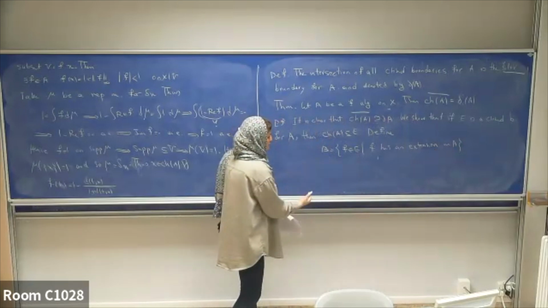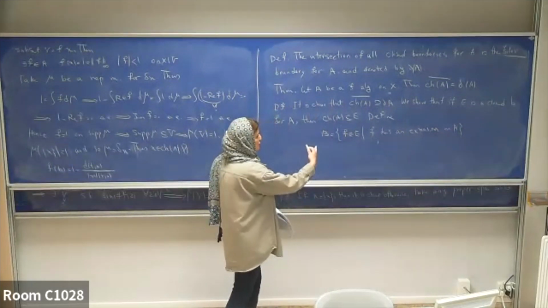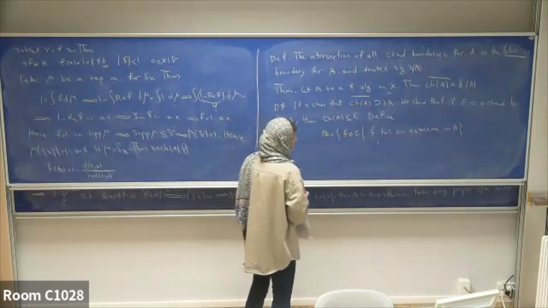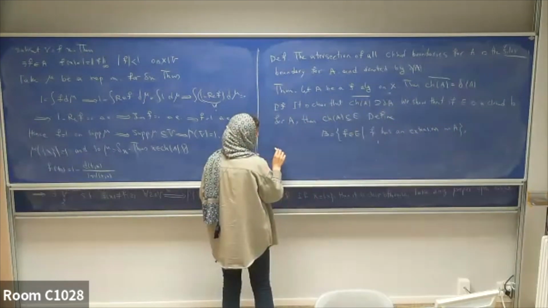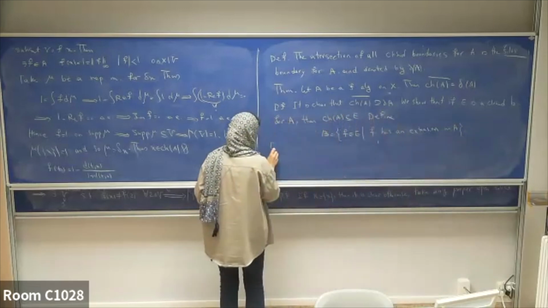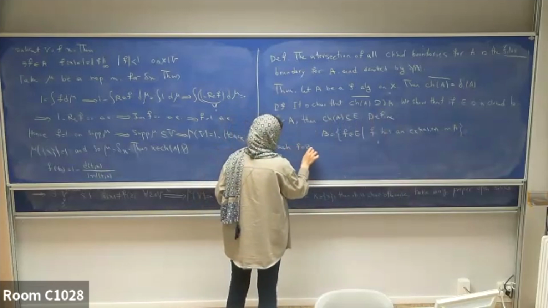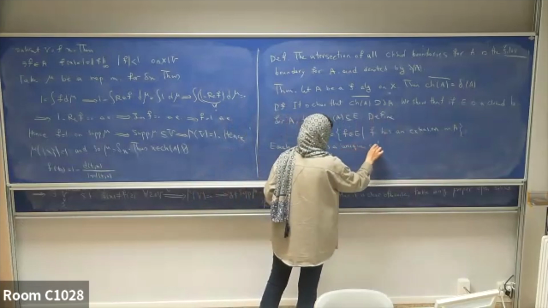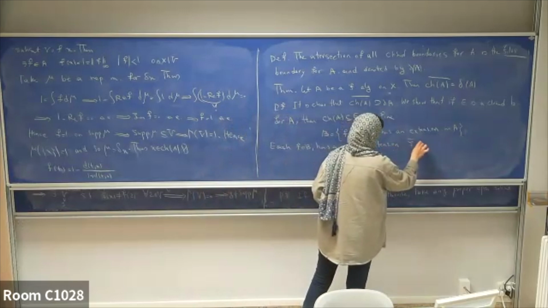And because the supremum norm of f on X and the supremum norm of the restriction of f on E are equal, each f in B has a unique extension, like f tilde, in A.